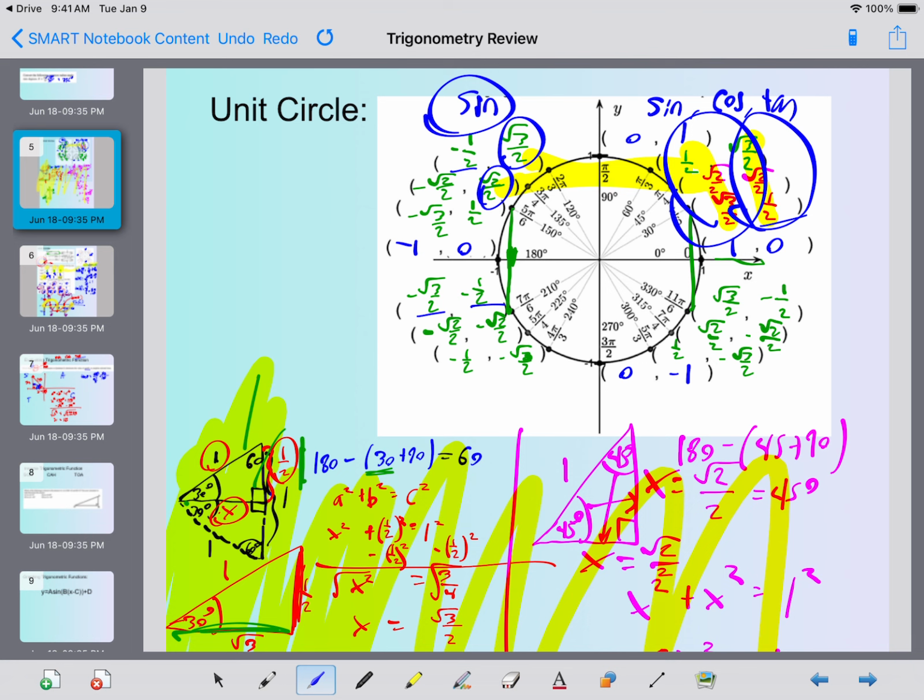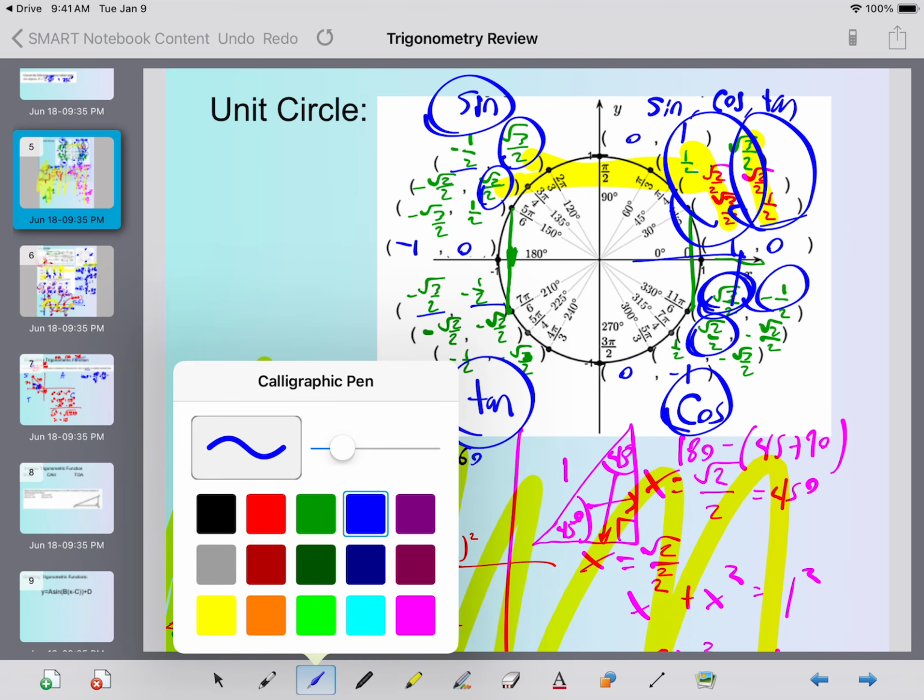But tangent, sine over cosine, negative divided by a negative, that's positive. So only tangent's positive here. In this case, for quadrant 4, you have positive, negative. So the only thing that's positive here seems to be cosine. What about tangent? A negative divided by a positive would be negative.